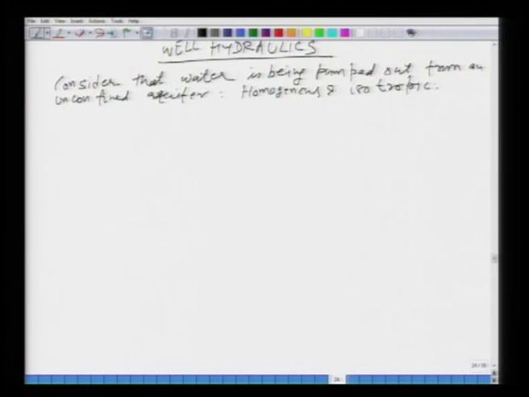We will look at the schematic first, like we have been doing. This is your impervious boundary, which is at the bottom of the aquifer. And on the top we have the ground level.